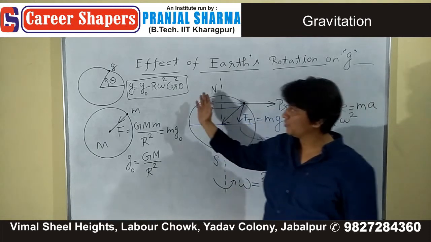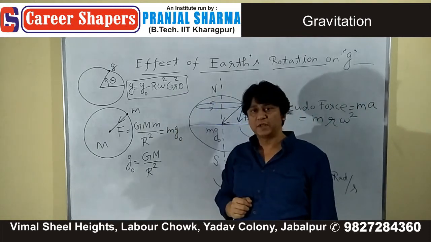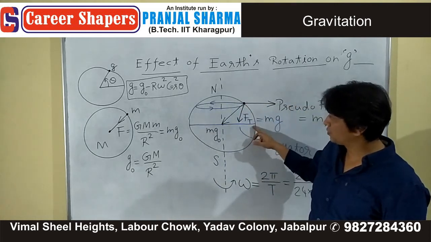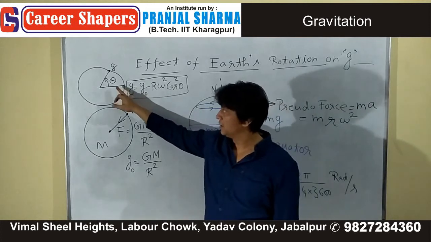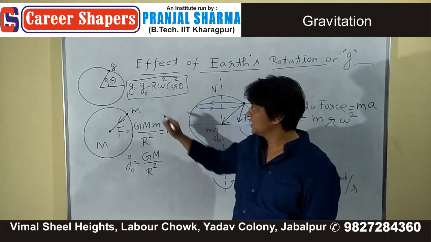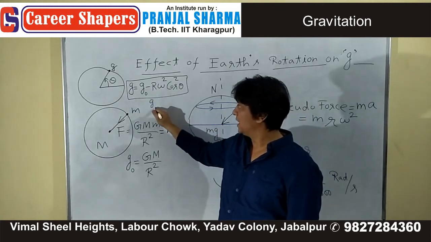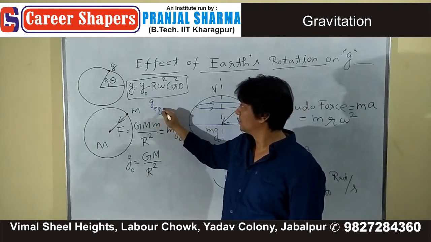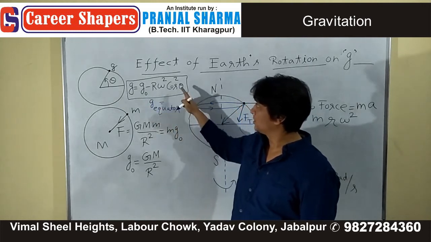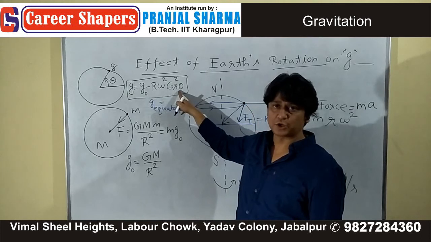That means, if you look at this formula, what is the G at the equator? For the equator, theta is 0. What is cos 0? 1.